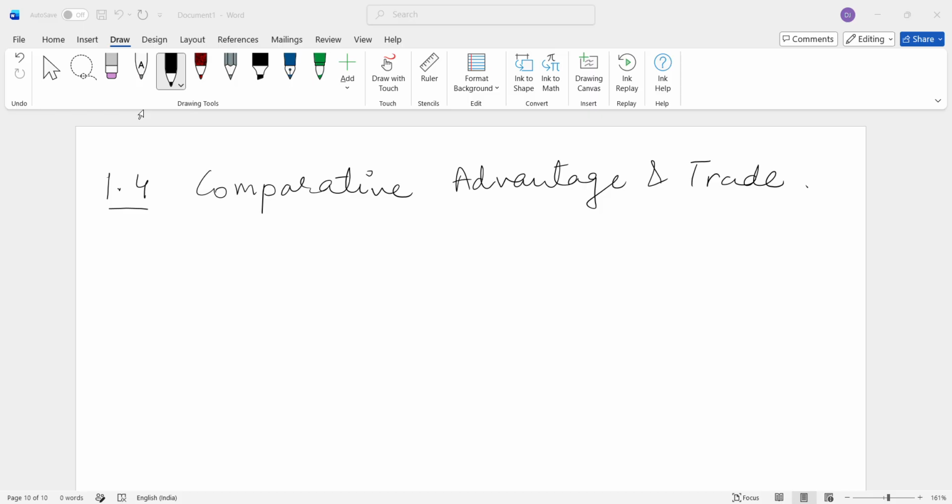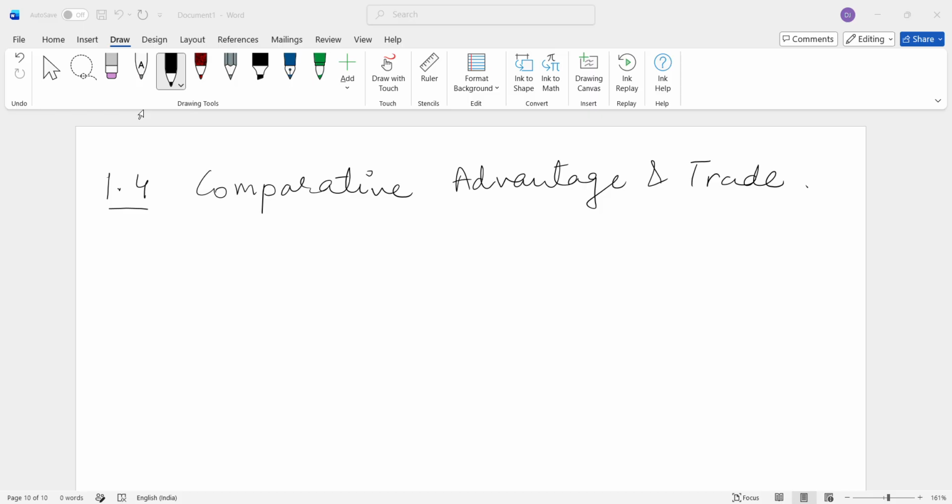The second is the graph below shows the PPC for a country producing ice cream and frozen yogurt, and it's a straight line. Which statement explains why the PPC for ice cream and frozen yogurt is a straight line instead of a curve? Hope you remember this, the answer is option A. The shape of the PPC signifies that the resources needed to produce the two goods are interchangeable.